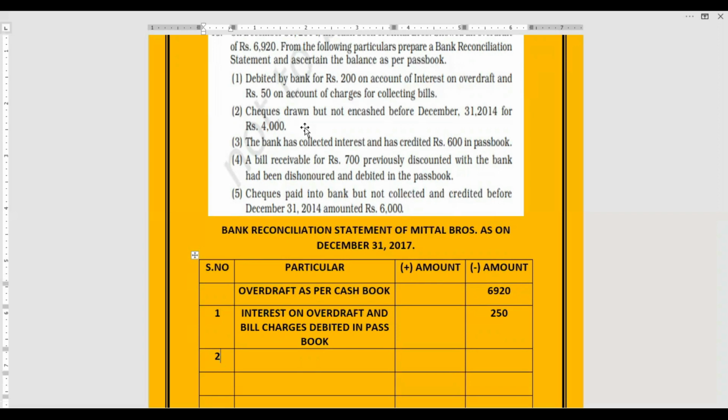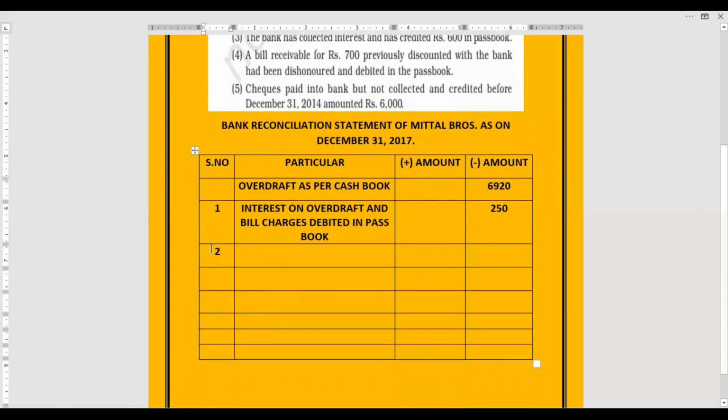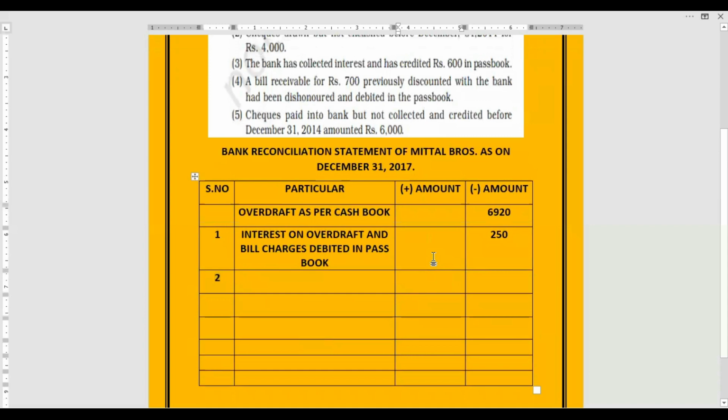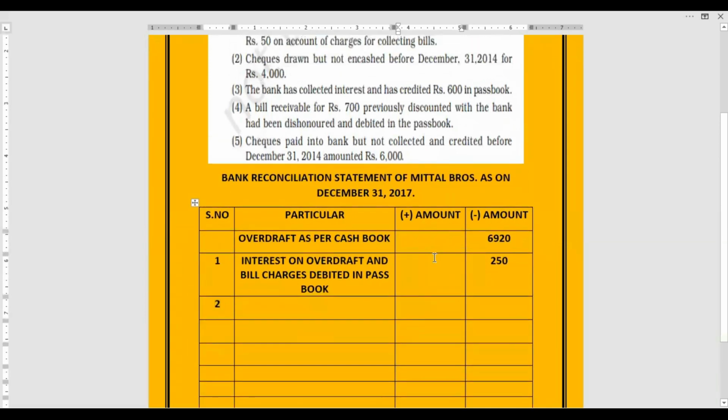But in the passbook it is not reduced. So as per the passbook, it is not reduced, but you have reduced. In order to rectify that, you have to increase. Second one, we have to increase 4,000.